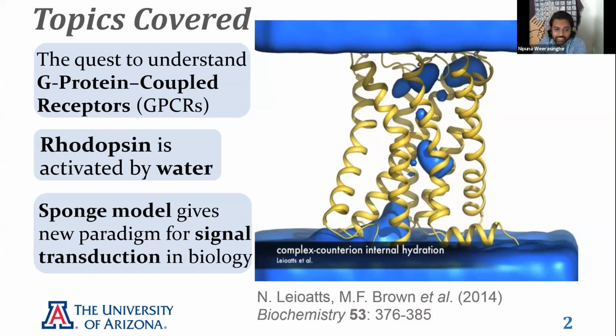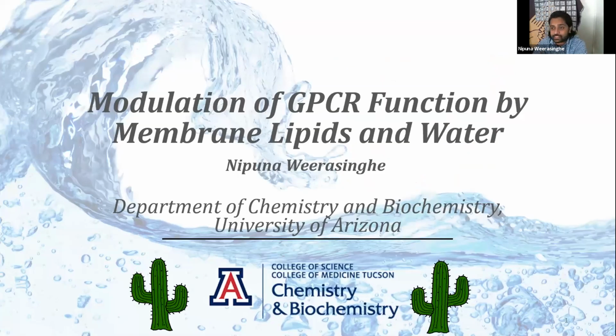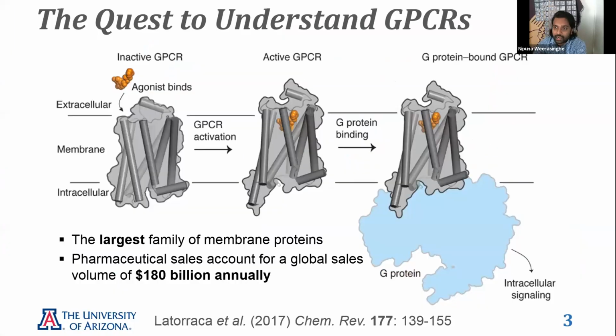So GPCR constitute the largest superfamily of cell membrane proteins in our genome. And they are primarily responsible for transduction of extracellular signal into the cells and initiation of the downstream signaling cascade by activating G proteins. Currently, about 30% of drugs available in the market exert their activity through GPCR, and these drugs account for around $180 billion of sales globally.